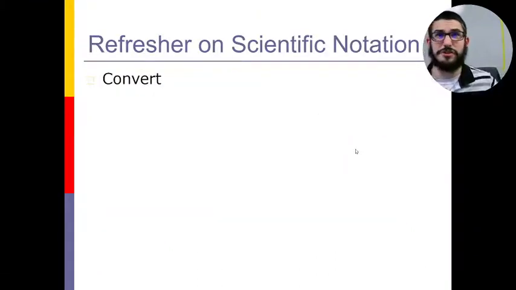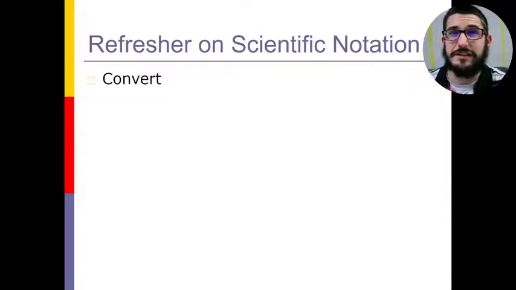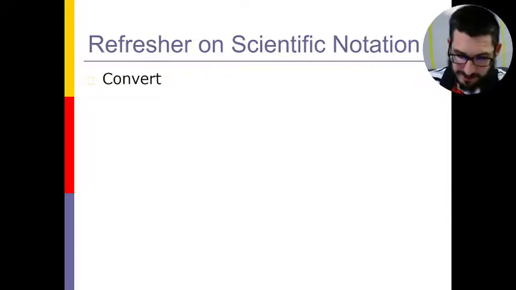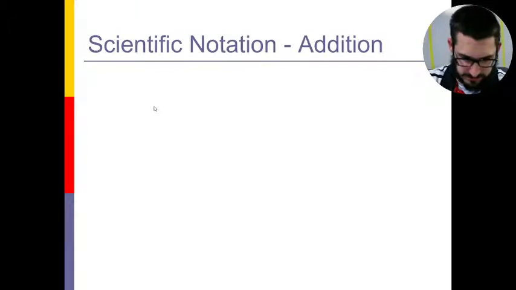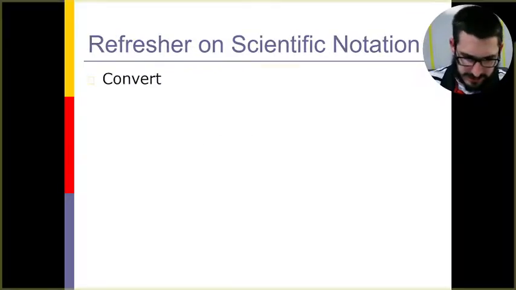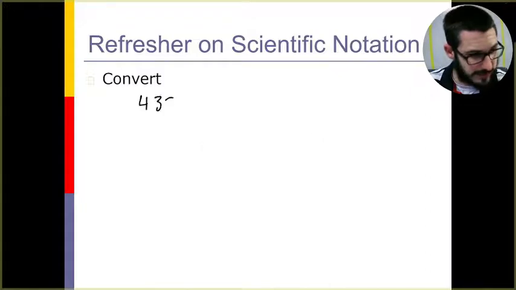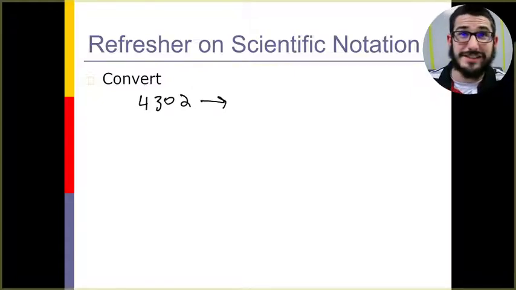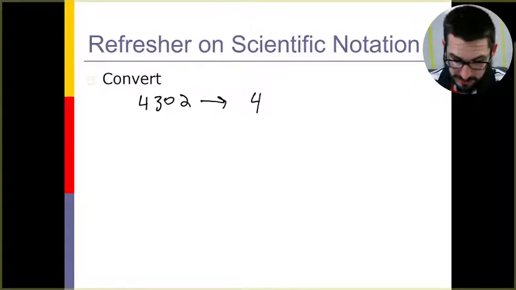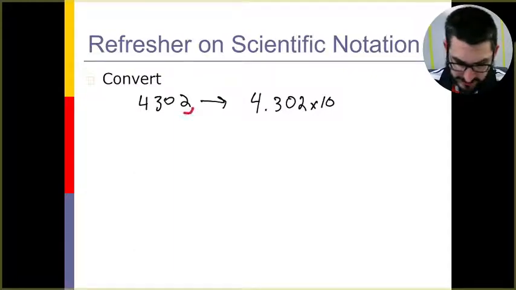So next, just a quick refresher, because these are going to come up pretty regularly in the measurements that we need to do. So scientific notation, if we are looking at something like 4,302 and we want to put that in scientific notation, we need only a single digit to the left of the decimal, so that needs to be right after the 4. 4.302 times 10, and we had the implied decimal right there, so 1, 2, 3 to get it there.